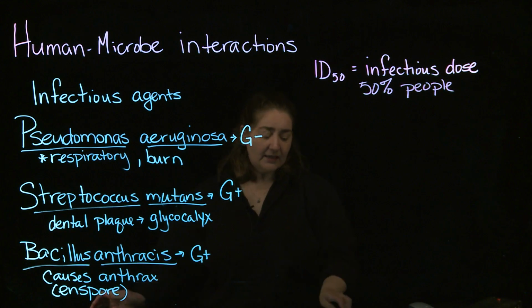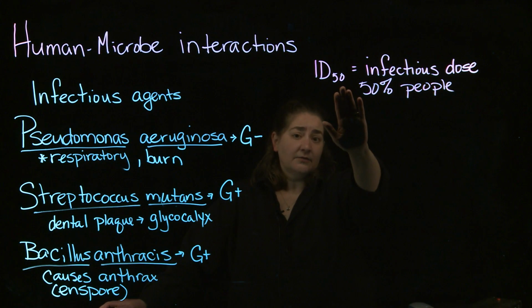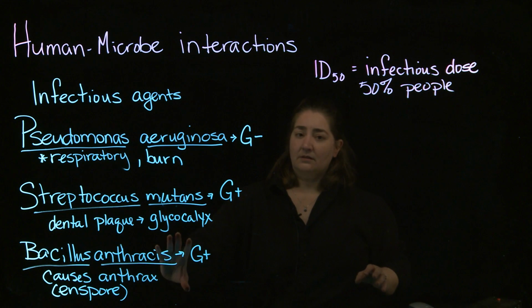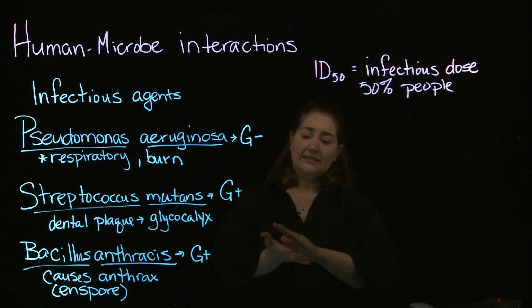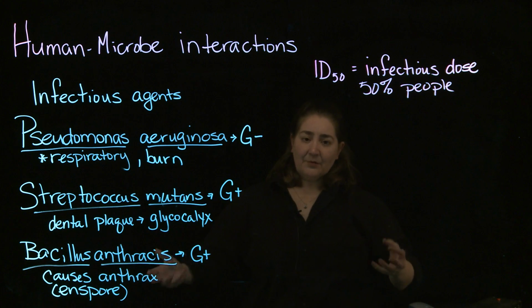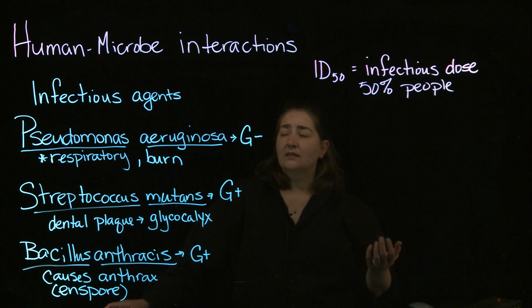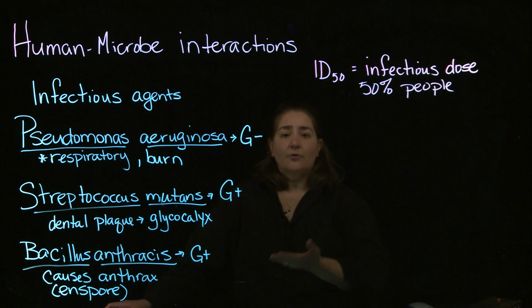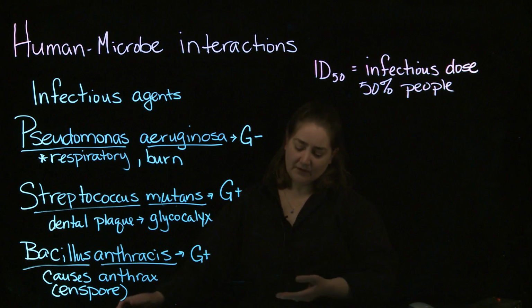And the portal of entry can make a difference in that ID 50 number. If we're talking about Bacillus anthracis getting into a wound, into the skin, so if you step on something or cut yourself, it only takes maybe 10, 20, maybe more, maybe 100 spores for the infection to take hold within the skin.